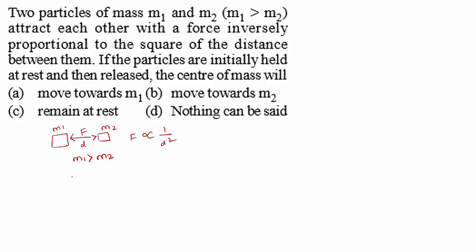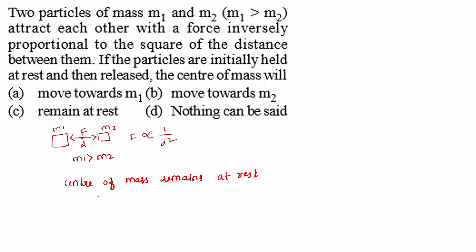See here, the center of mass remains at rest. It is not changing its position. Why does it remain at rest? Because of the mutual force of attraction. Both are attracted to each other because of the force given in the problem. That force is mutual.